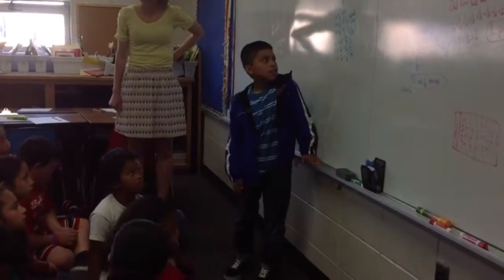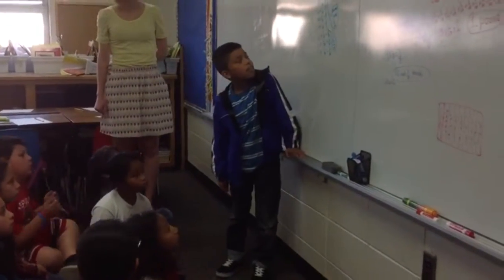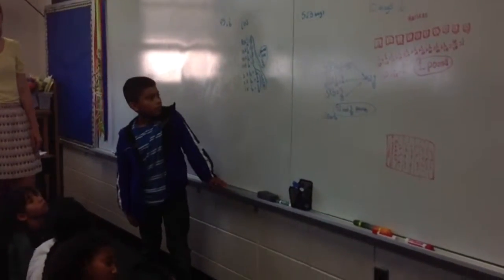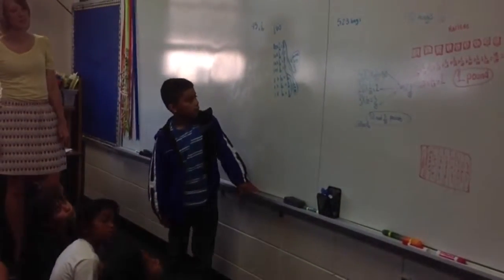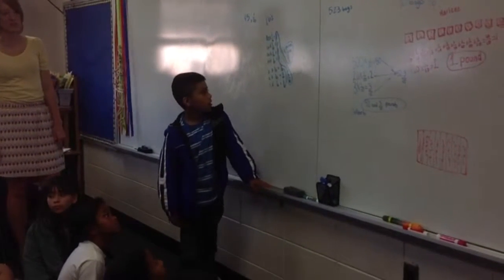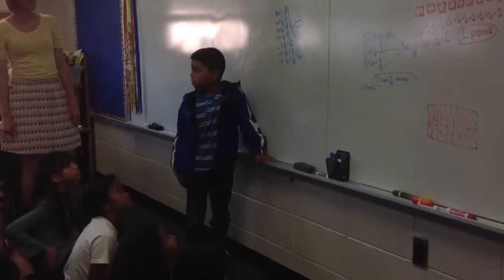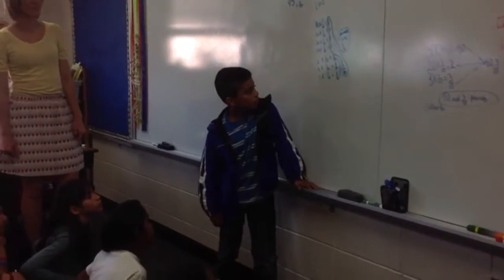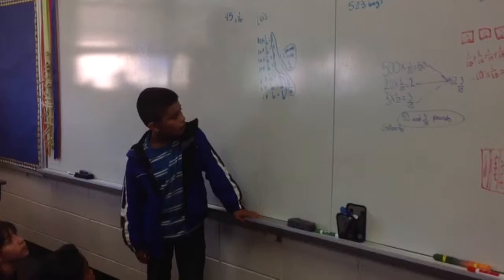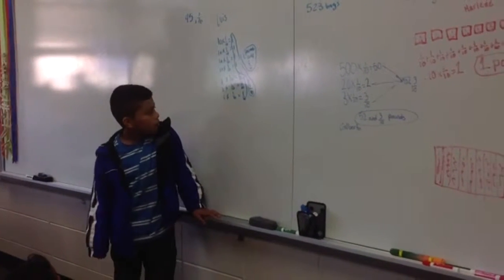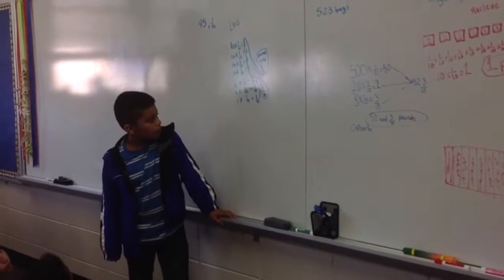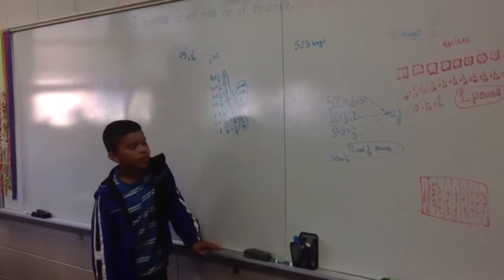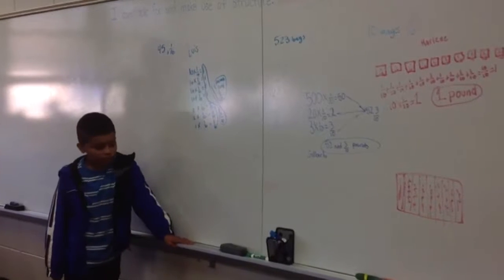First I did 10 times 1/10 equals 1 whole, 10 times 1/10 equals a whole, 10 times 1/10 equals a whole, 10 times 1/10 equals a whole. Then I broke up the 45, and I did 2 times 1/10 equals 2/10, 2 times 1/10 equals 2/10, and 1 times 1/10 equals 1/10.